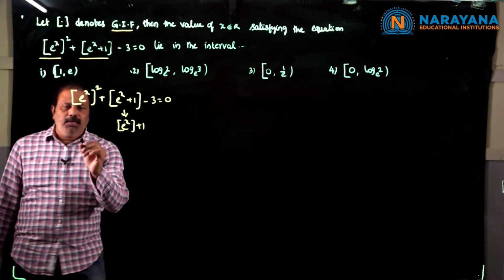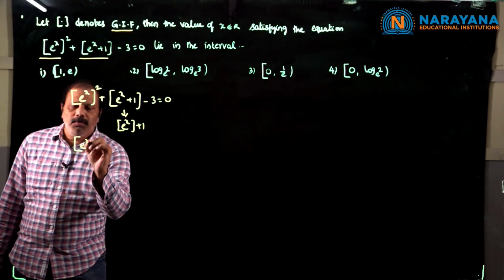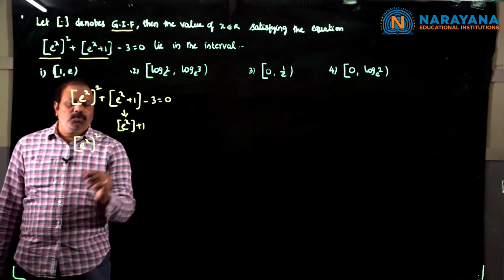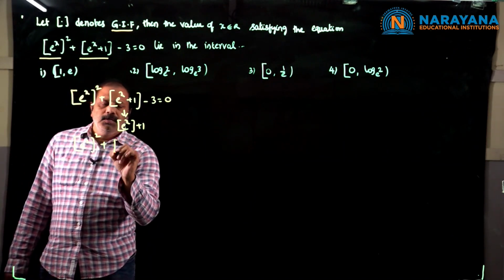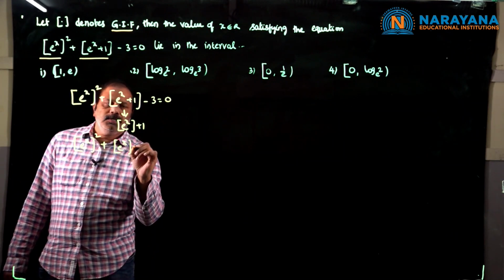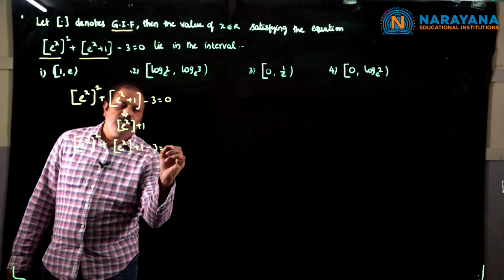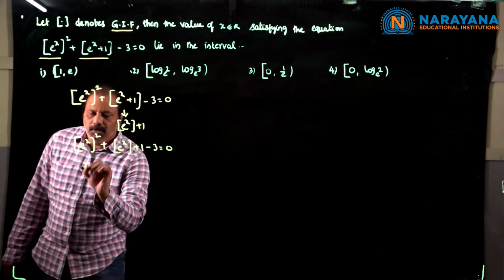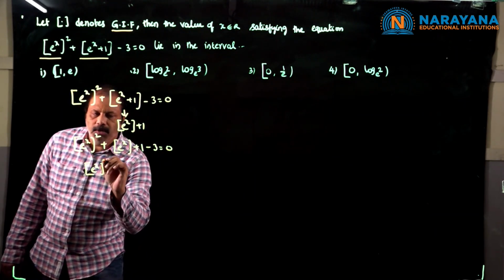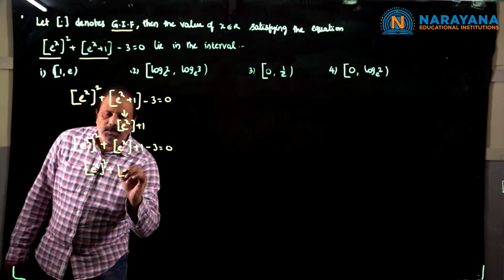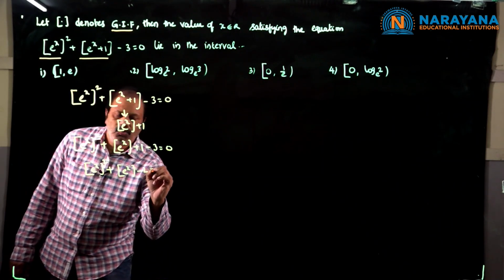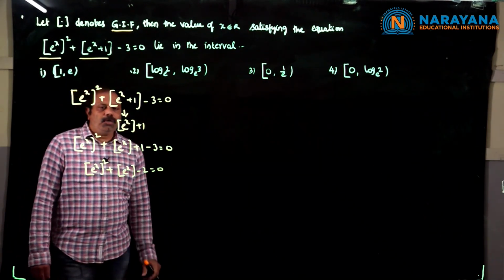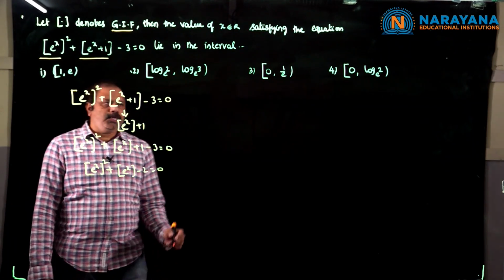By writing this again, this is nothing but ([e^x])² plus [e^x] plus 1 minus 3 is equal to 0. So, this is nothing but ([e^x])² plus [e^x] minus 2 is equal to 0.